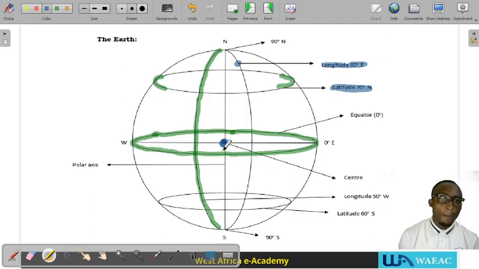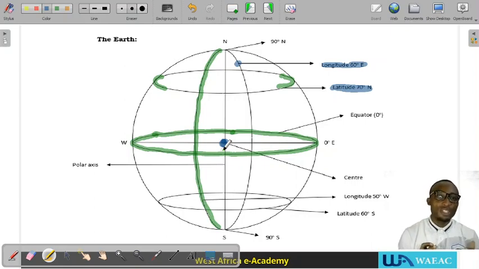So now I believe you understand longitude and latitude. The starting point or reference point of latitude is the equator, while the reference point of longitude is the prime meridian.